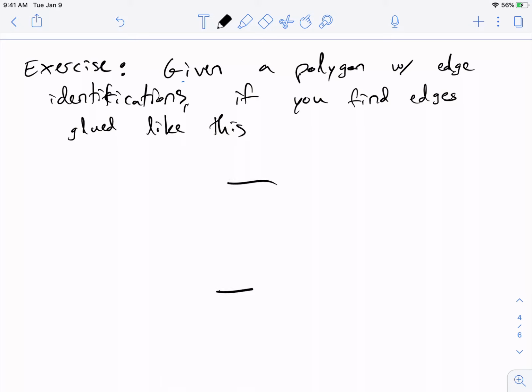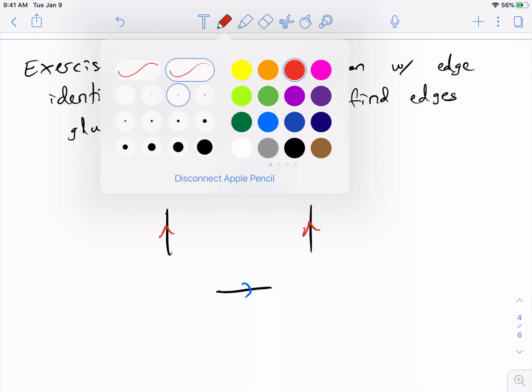So if you can find two edges that are glued without a twist, and two other edges that are glued without a twist, like that. But let's say they're not adjacent to each other.